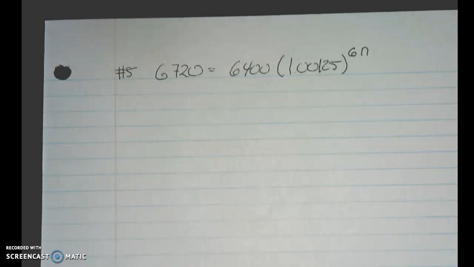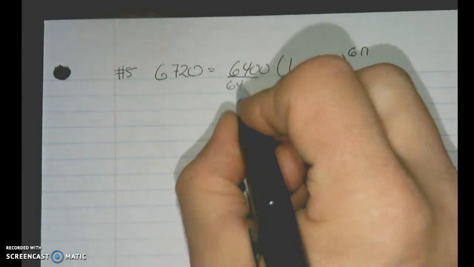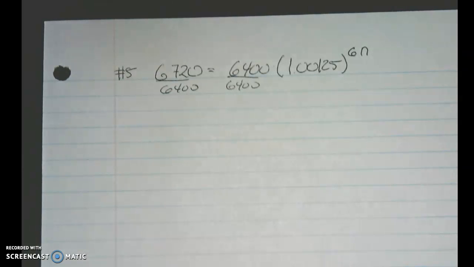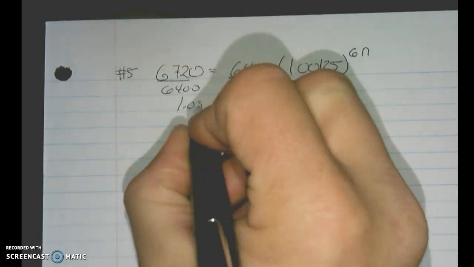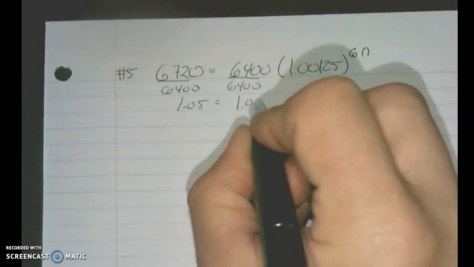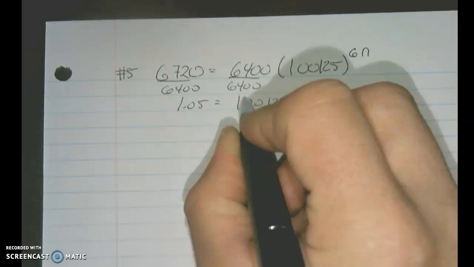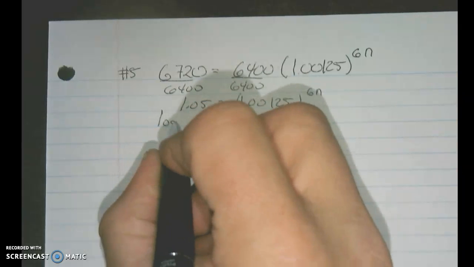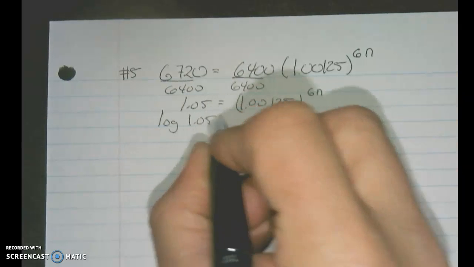So just like we've done in the past, we divide by 6,400. That equals 1.05, and we have 1.00125 to the 6n. And I'm going to take the log, so it'll give me the same thing.